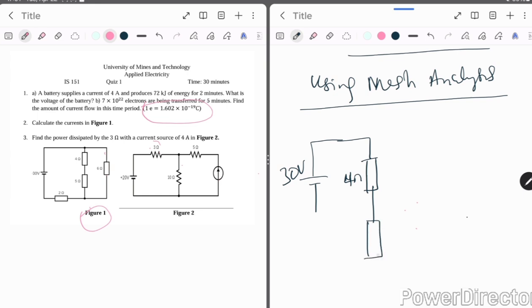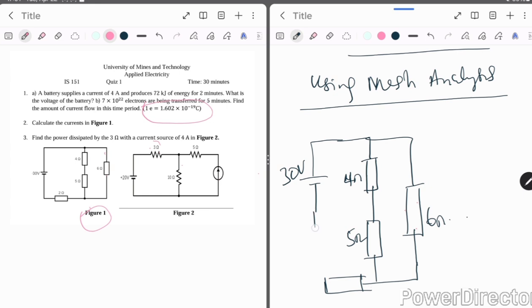Then we have 5 ohms. Then I have 6 ohms here. Then we have 2 ohms. So this is the circuit diagram.